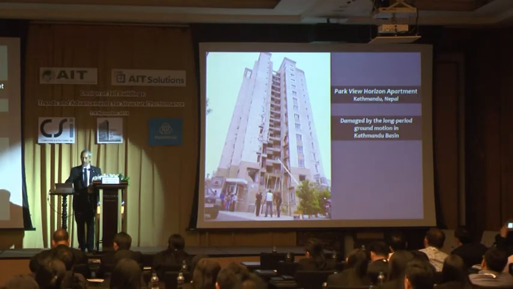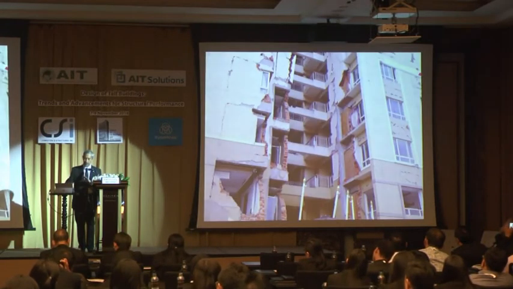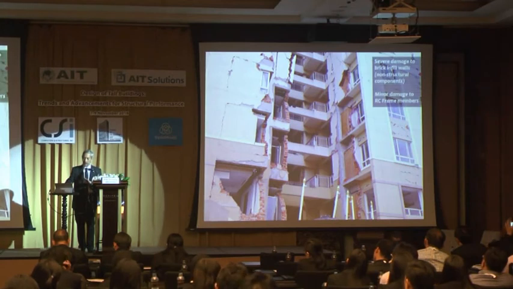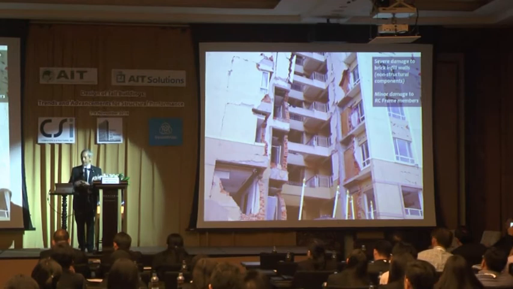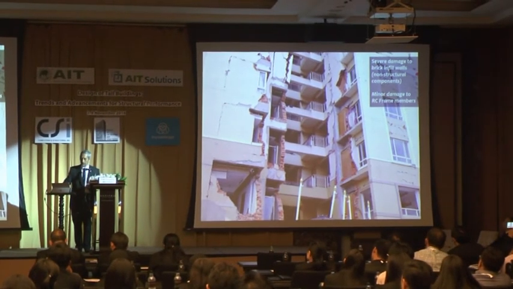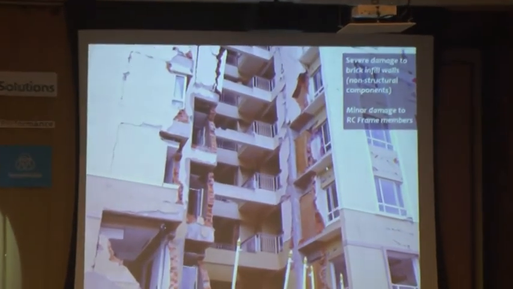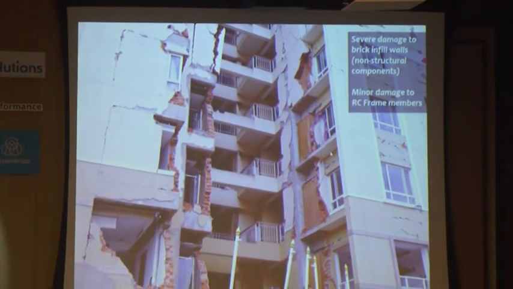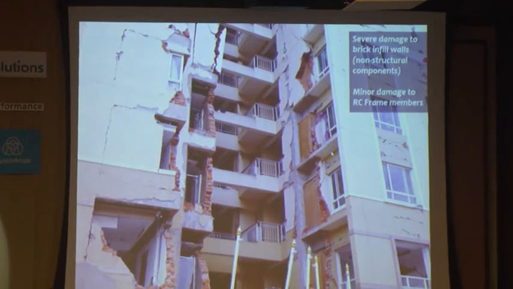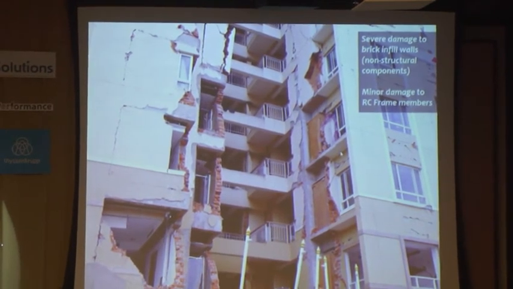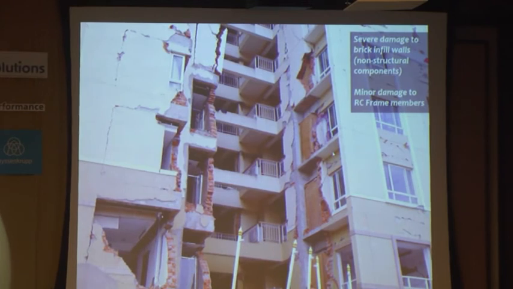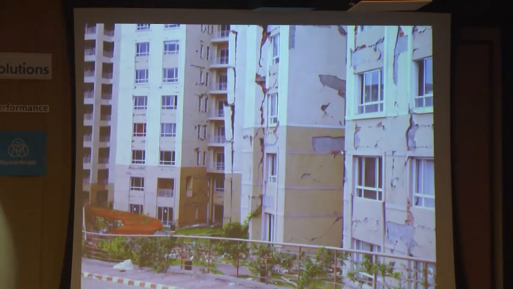When we take a close look, you can see the damage: serious damage to brick walls. But if you look at the columns or the slab, it looks fine to me. Minor damage or no damage to RC frame members. That's how it looks.